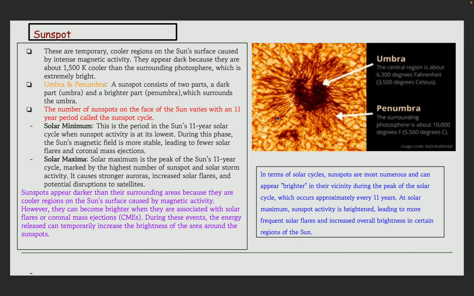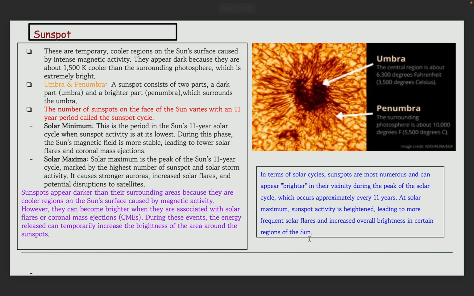In terms of the solar cycle, sunspots are most numerous and can appear brighter in the vicinity during the peak of their solar cycle, which occurs approximately every 11 years. At the solar maxima, sunspot activity is heightened, leading to more frequent solar flares and increased overall brightness in certain regions of the sun.